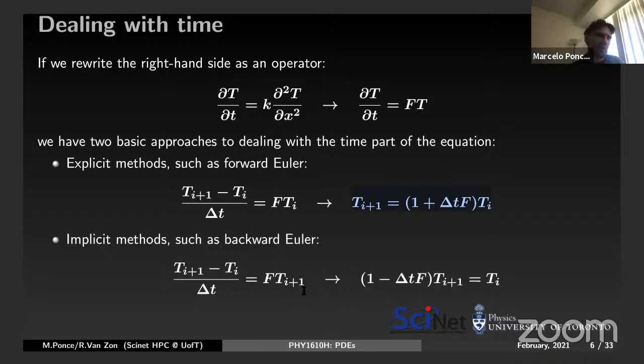Or I can just swap indices here. I can put here I and I minus 1, and then this will be the same thing, and then move everything to I plus 1.